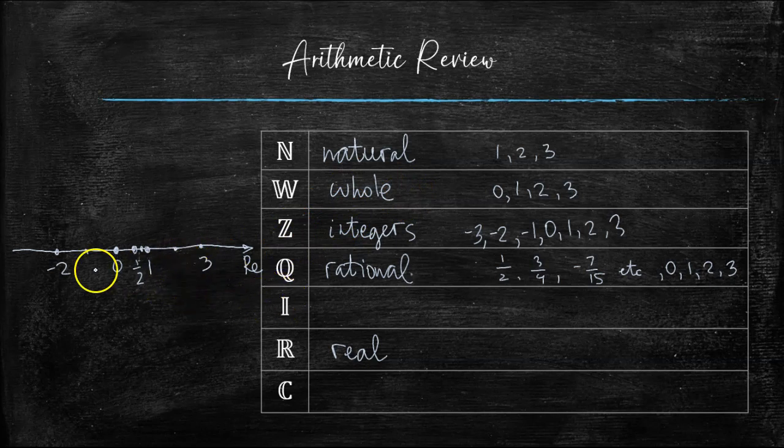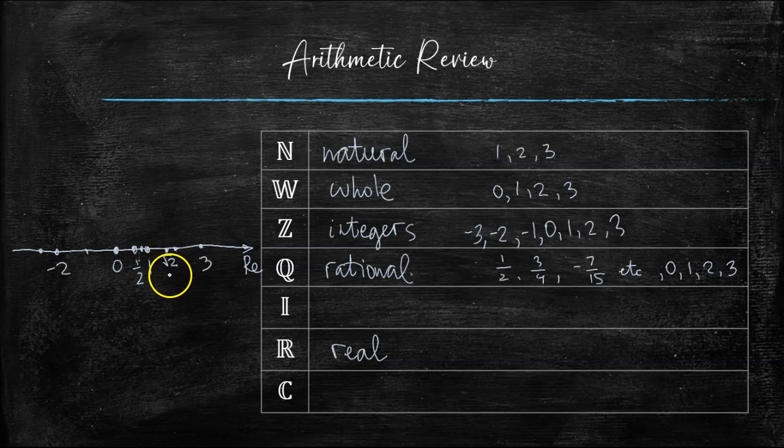And then the question is, can all distances be expressed as rational numbers? So does it mean that I can pick any point here and this distance can be expressed as a fraction of two integers? And the answer is no. So there are numbers out there that are real but not rational. And one common example is square root of 2.